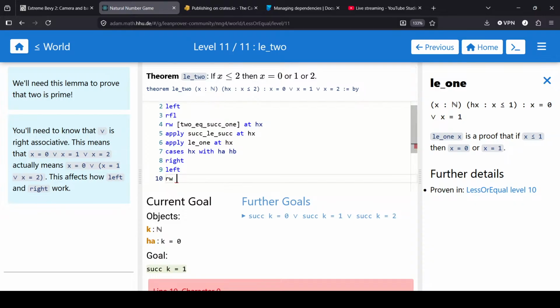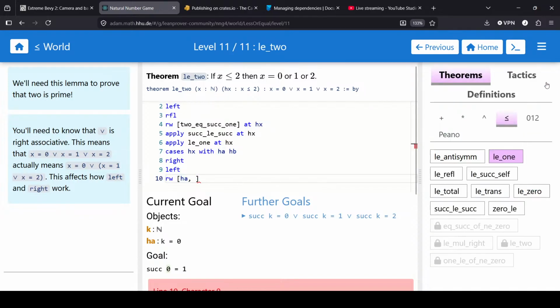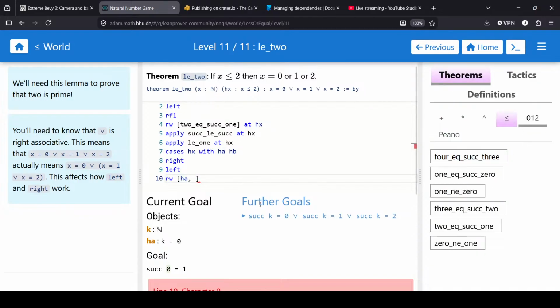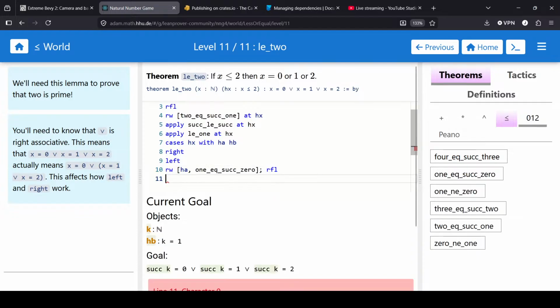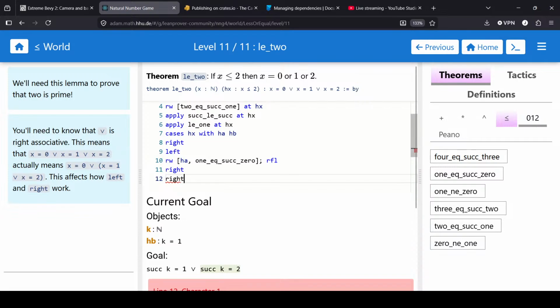Rewrite ha and then use the power of 0. What was it called? 1 eek suck 0. There we go. And then I can ruffle you. Now I can go right, and then I can go right again.